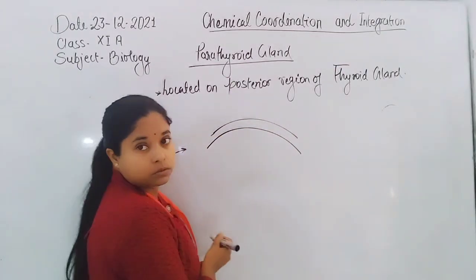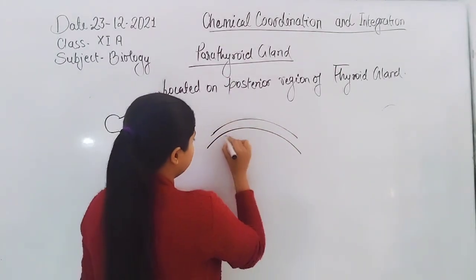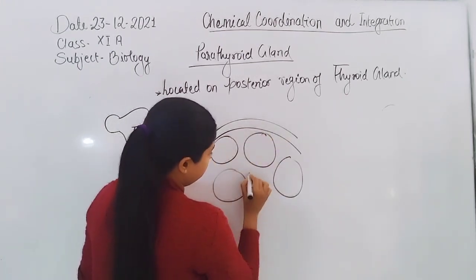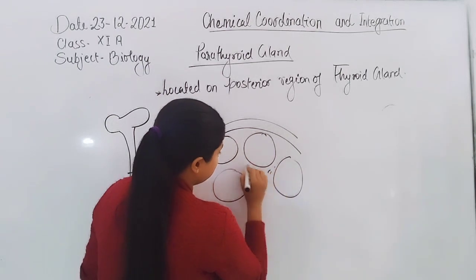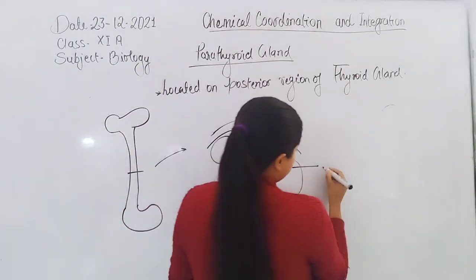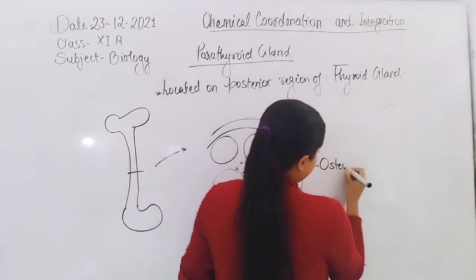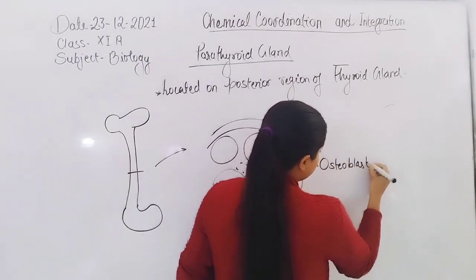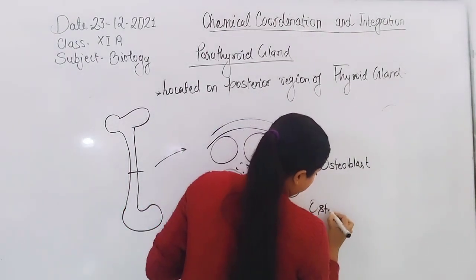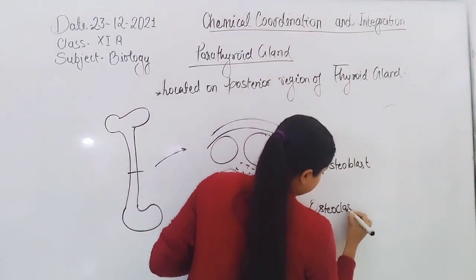Now, there are two kinds of cells present in bone, where there is a tough matrix formed by calcium and phosphate ion. This is osteoblast.